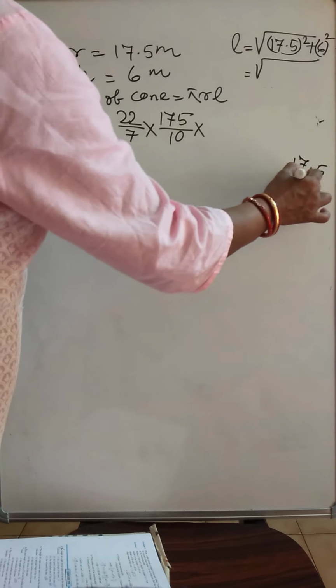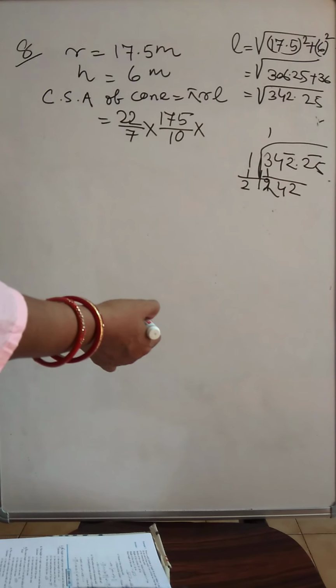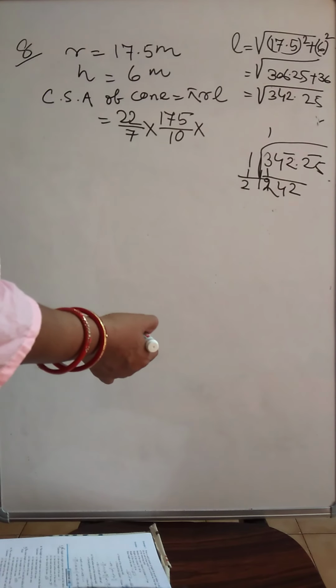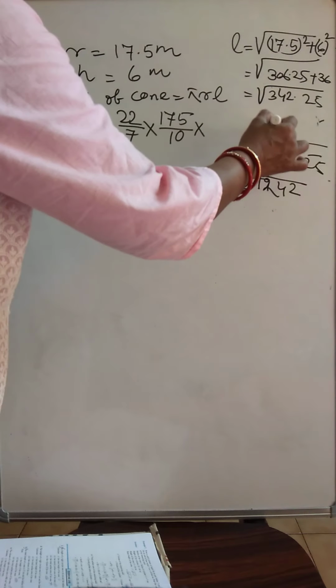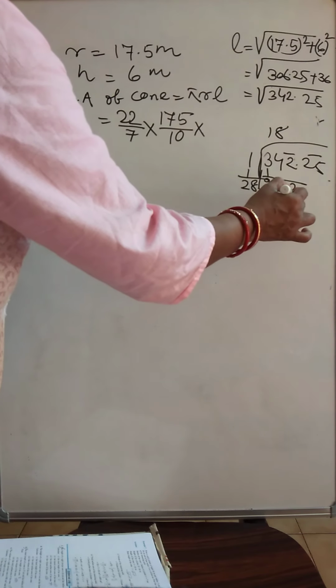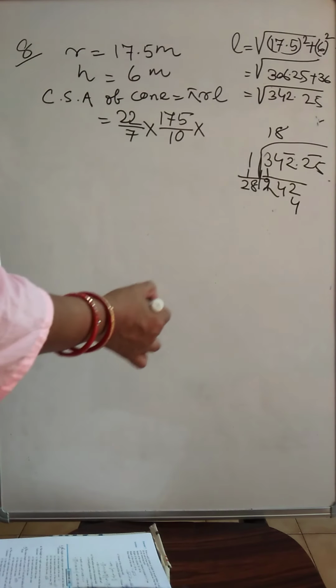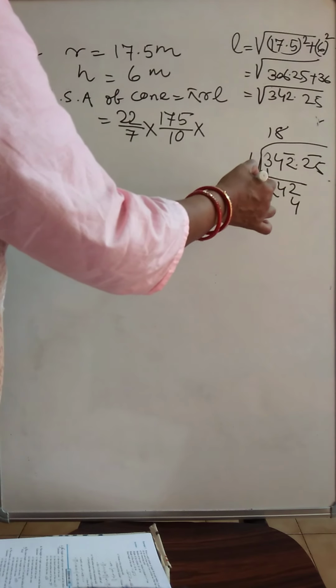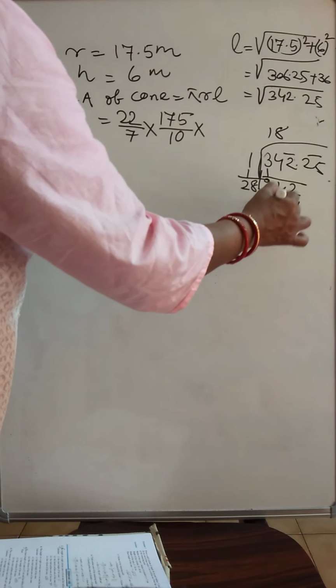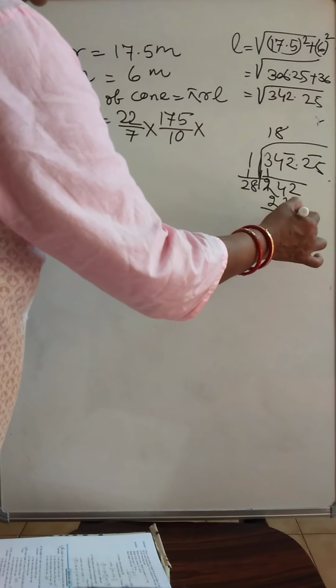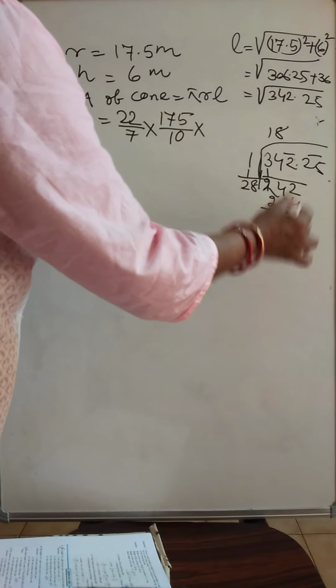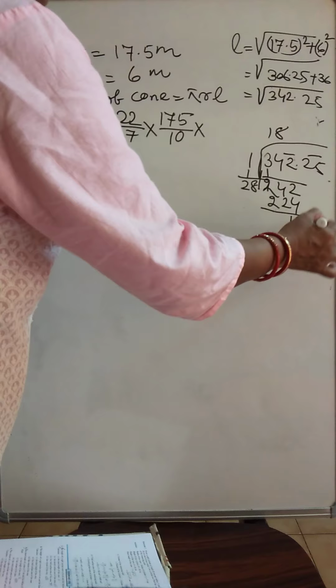Remove the point. 1 1 ja 1. This is 2, 42. 1 plus 1, 2. Now what should I give here? 8. 8 8s are 64. 6. 8 2s are 16 plus 6, 22. 12 minus 4, 8, 3 minus 2, this is 25.